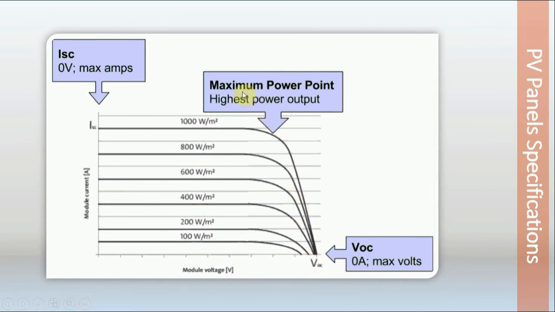And here we have the maximum power output of that module with its corresponding maximum power point voltage and maximum power point current. And these are the different IV curves under different insolation levels.